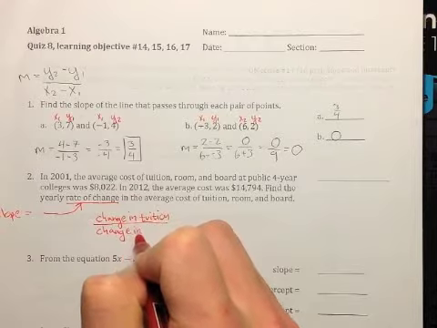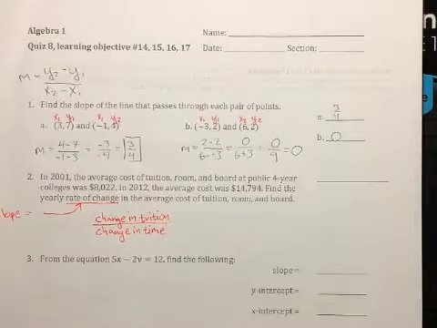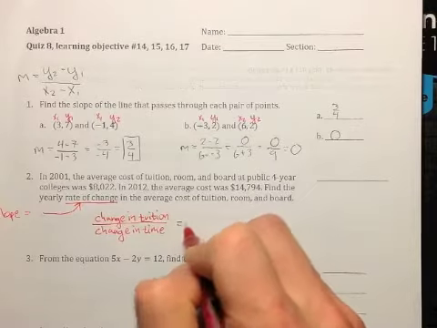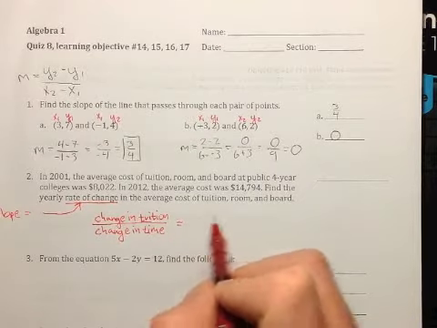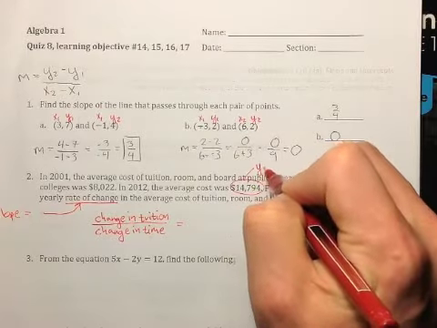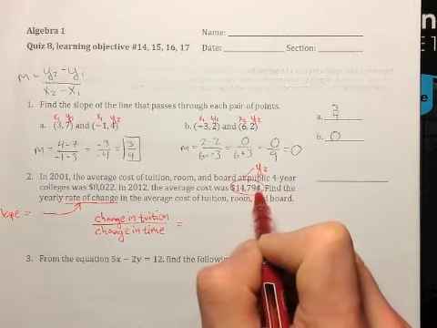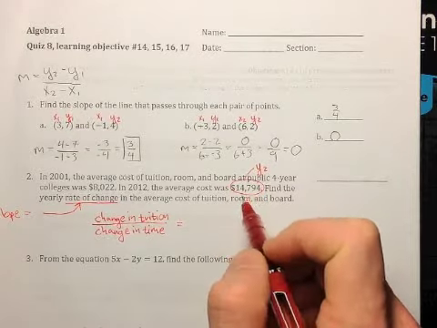How much time does it take for the tuition to change by that certain amount? So this means that our y2 is the cost at the end of this time interval.